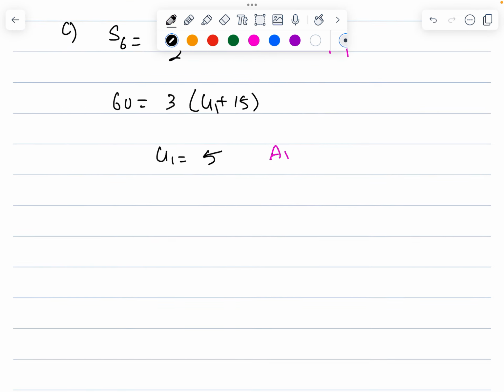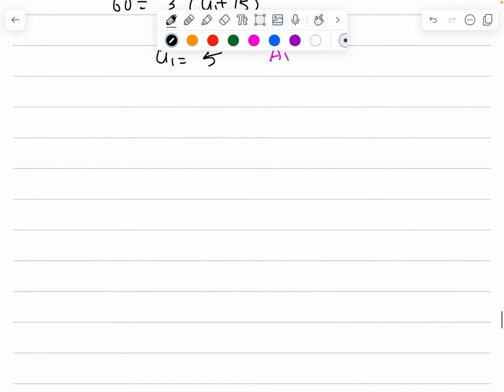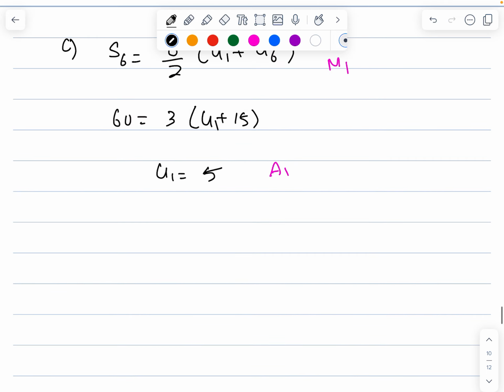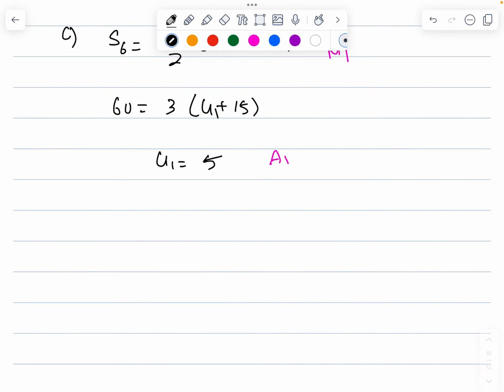Next, hence or otherwise write an expression for Un. So we have to find it. First of all, we need to find U6 and U1.